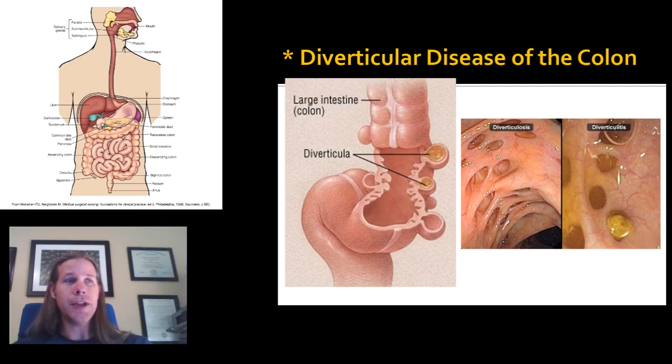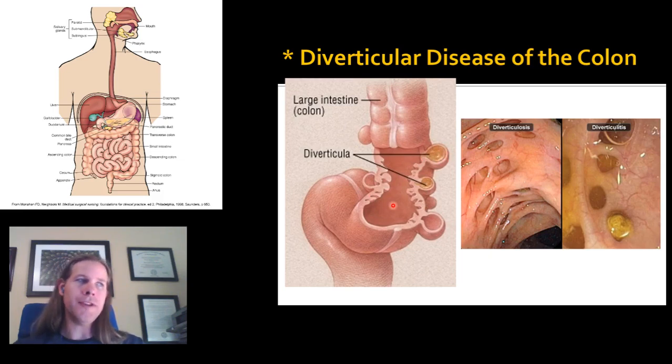And if you're thinking that it's going to be our older population or our aging population, you would be right. And also another risk factor for the formation of diverticulum would be constipation. If we have fecal matter that's just sitting in the colon and is not moving or passing very easily, then that can cause stress on the colon wall, and that can lead to the formation of these pouches, these diverticulum.